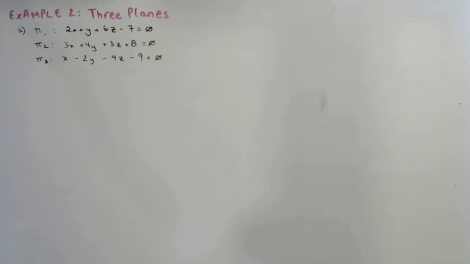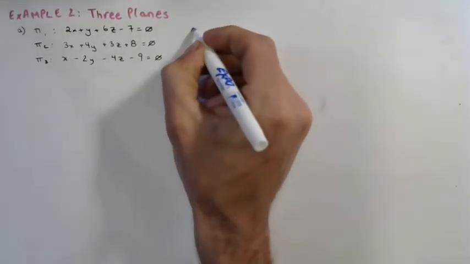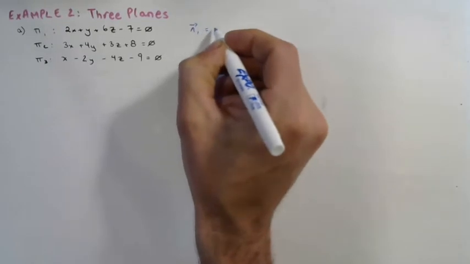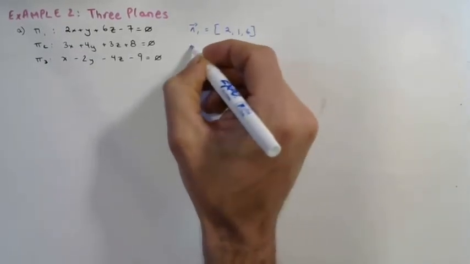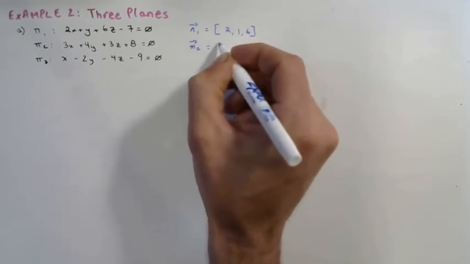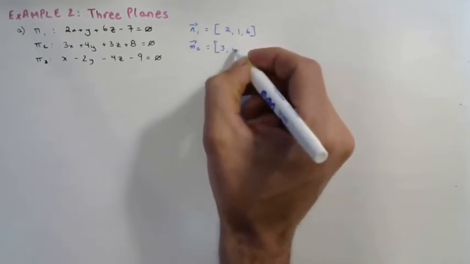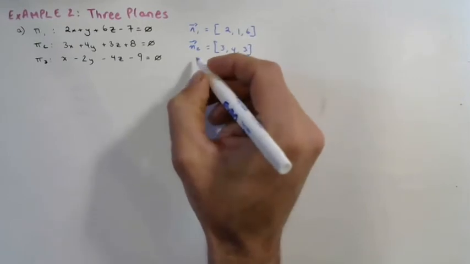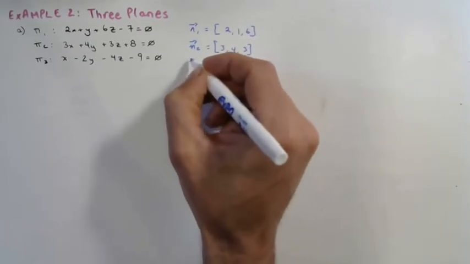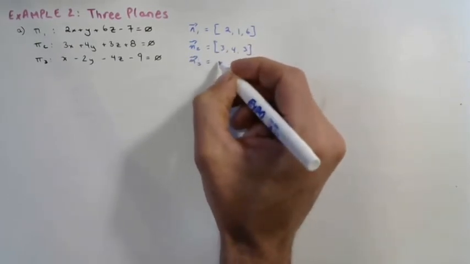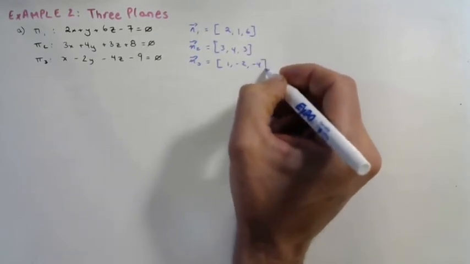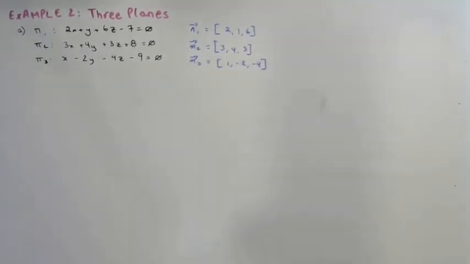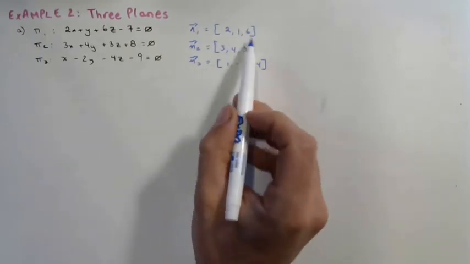Step 1 is to get the normals for each plane. So the normal for plane 1 is (2, 1, 6). The normal for plane 2 is (3, 4, 3). The normal for plane 3 is (1, -2, -4). Now a quick look at the normals.